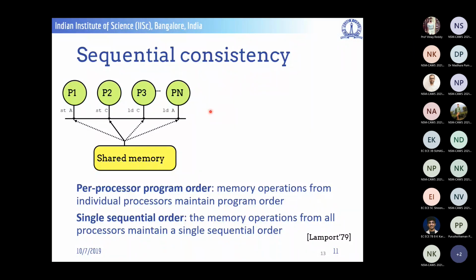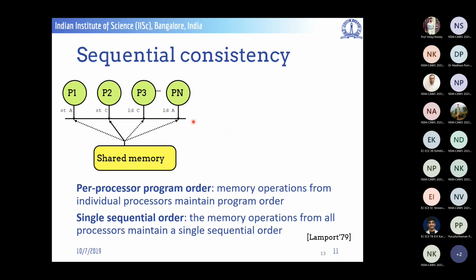Think about the shared memory that all the threads of the multi-threaded application are trying to access as a single thing, and at any point of time it can take an update from only one of the threads, not more than one. What it requires is that execution from a sequentially consistent processor should be such that there is a global order of writes to any memory location.